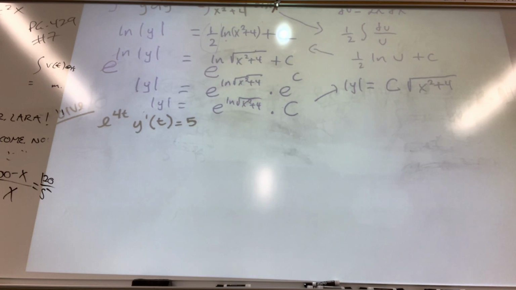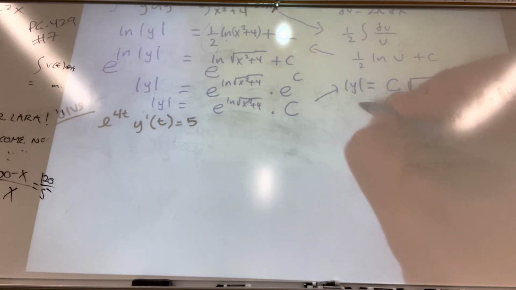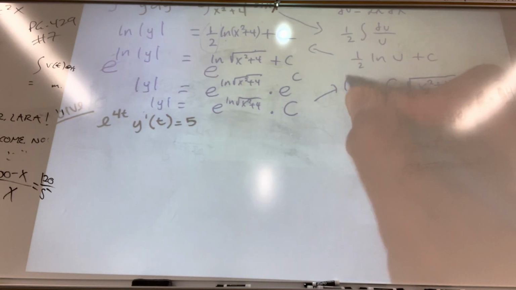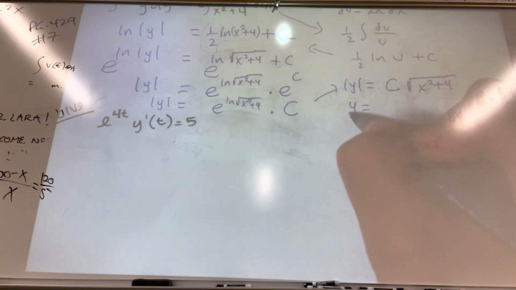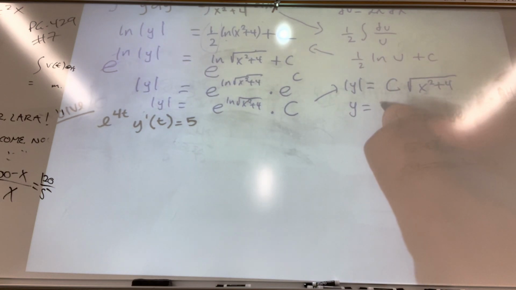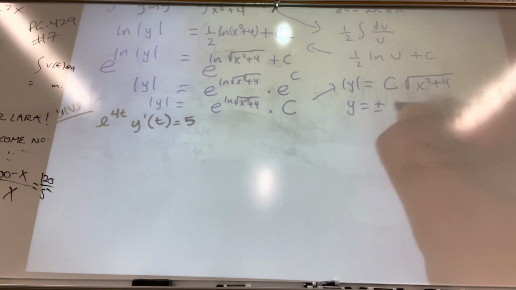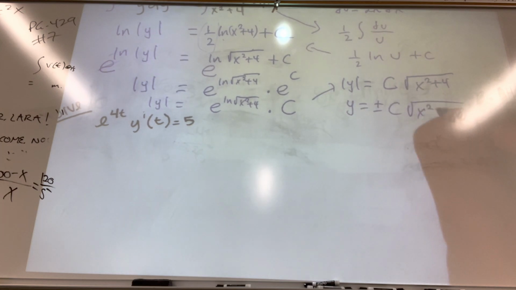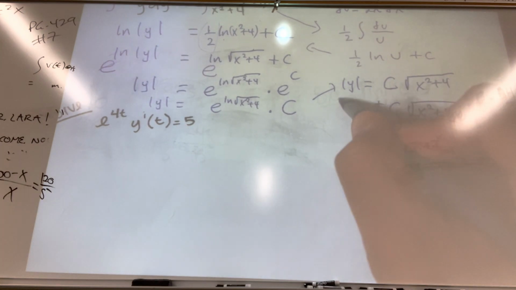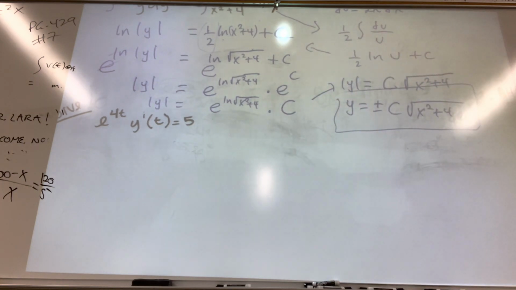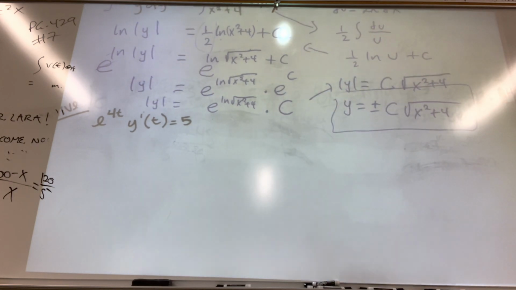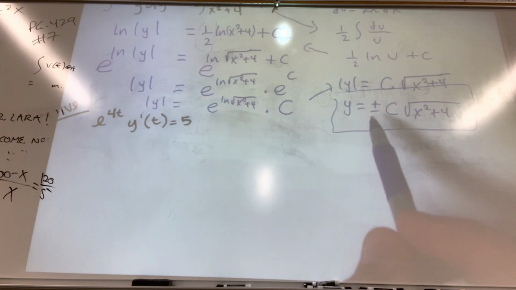Now, was I solving for y or the absolute value of y? For y. So how do I get rid of the absolute value? Well, I say y is equal to plus or minus c radical x squared plus 4. Wait, Mr. Lara, how'd you get the plus or minus?